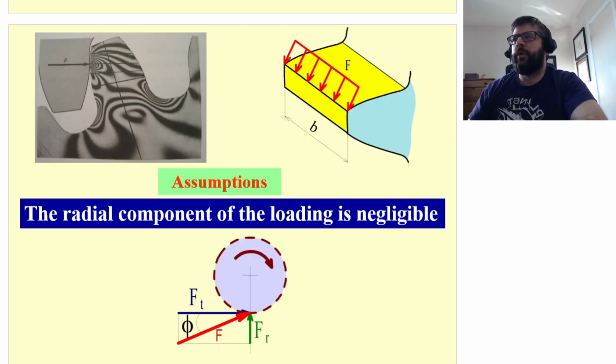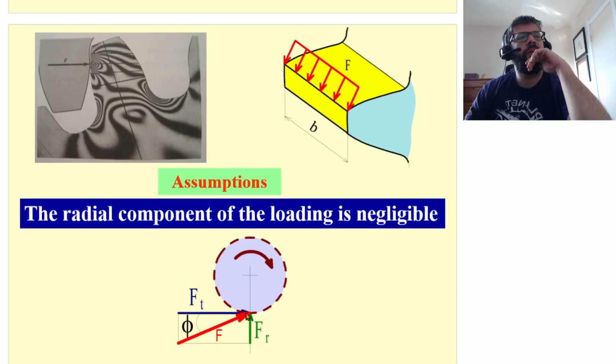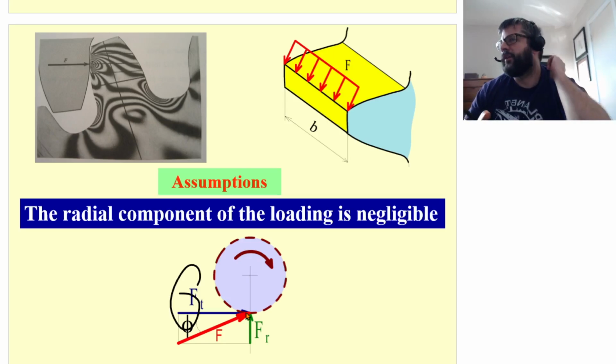The radial component of the loading is negligible. It's certainly always going to be less than the tangential force F_T, at least with the pressure angles that we're working with. It's also not really causing any damage.